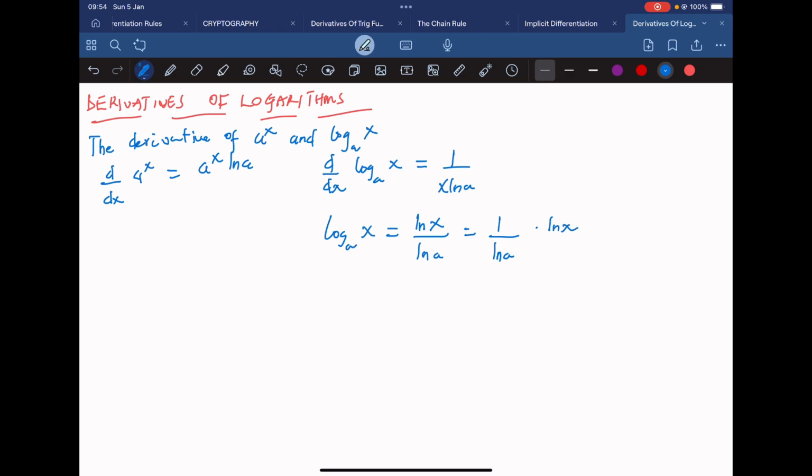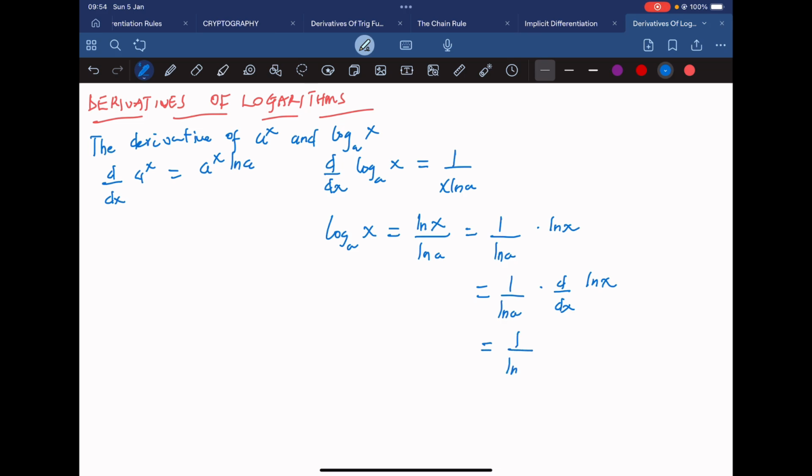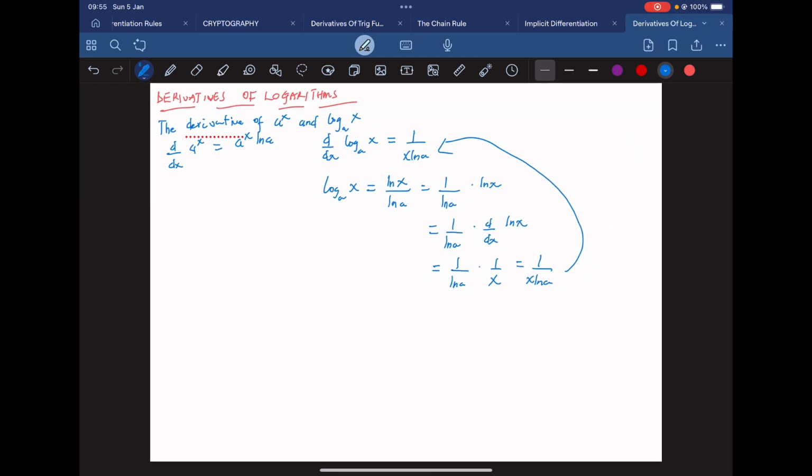So if you are told to differentiate this, you are going to have 1 over ln a multiplying the derivative of ln x, which, as we talked about before, is just 1 over x. If you multiply these two, you end up getting 1 over x ln a, and that is what we have over here. Now let's look at some examples.